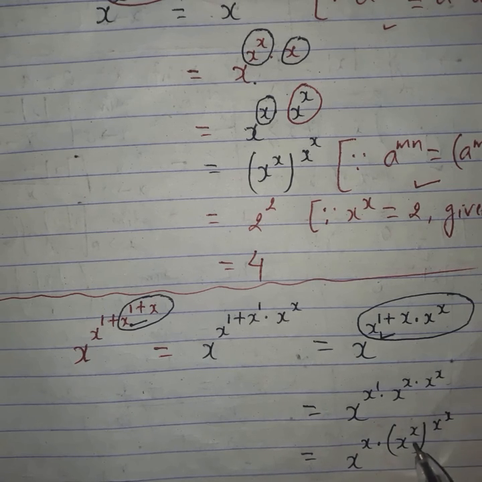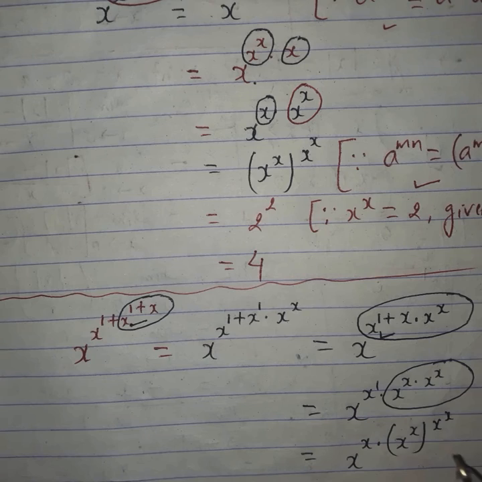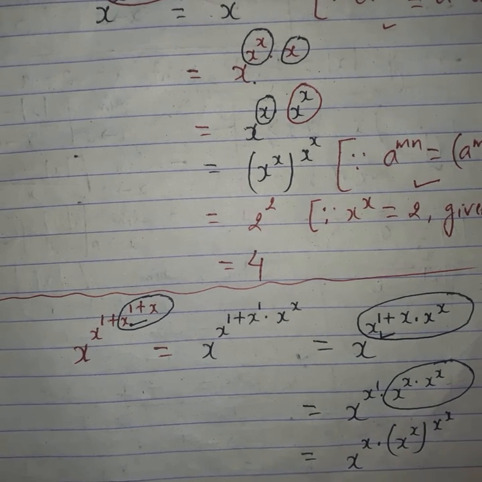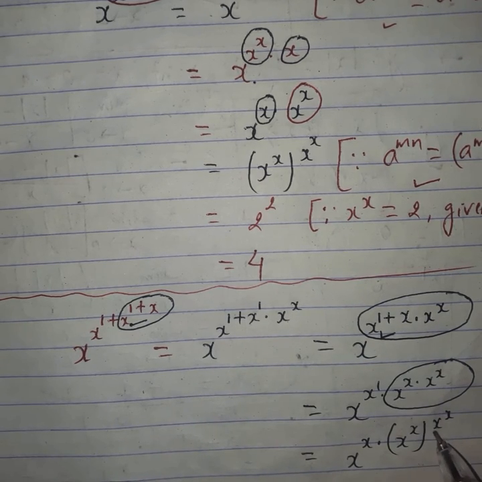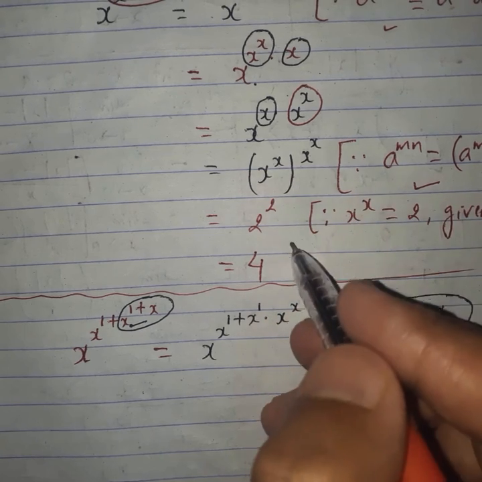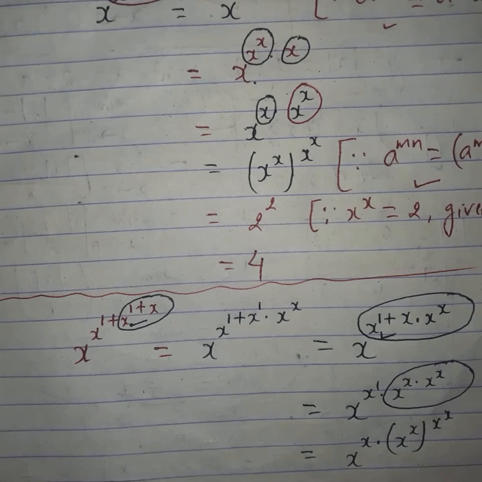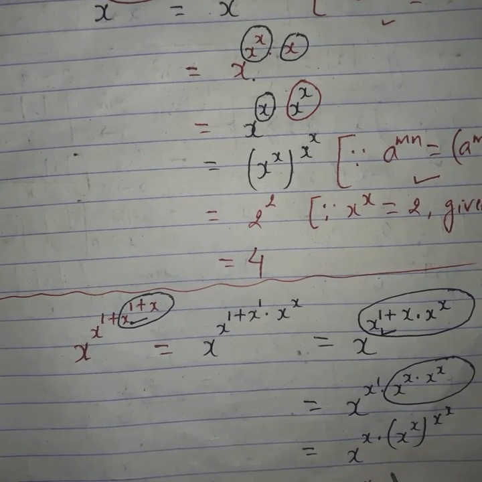Here we just modify this part. We have already calculated x to the power of x, again to the power of x to the power of x. Its result is 4. So we can write x to the power of x times this, which is 4.